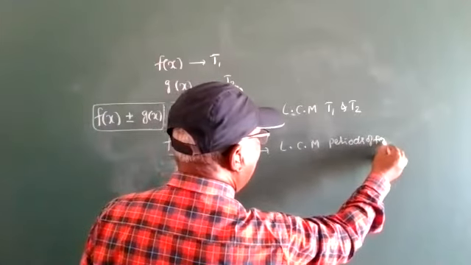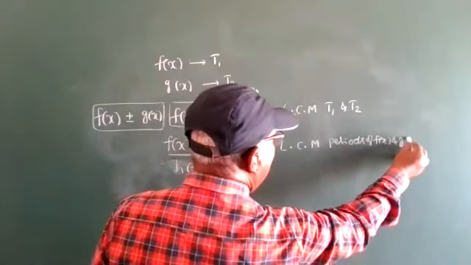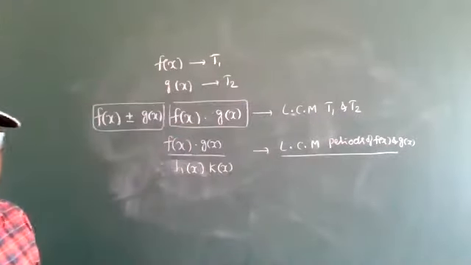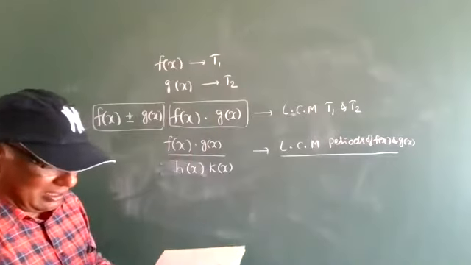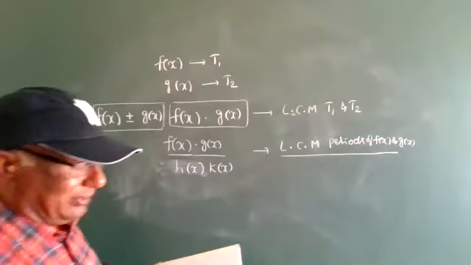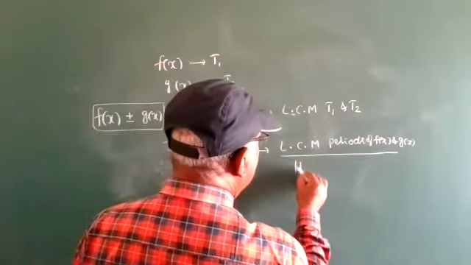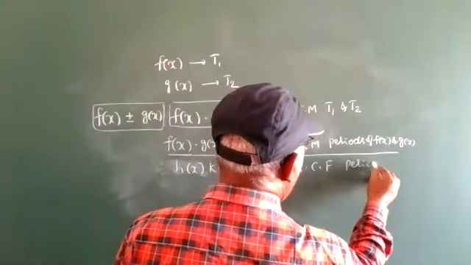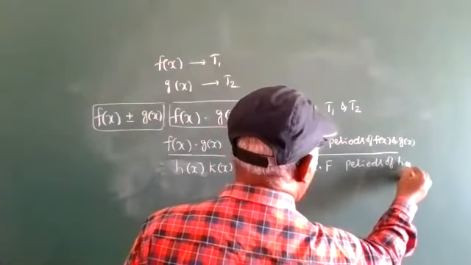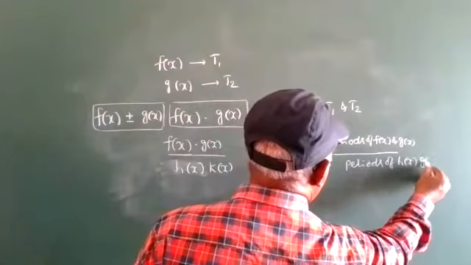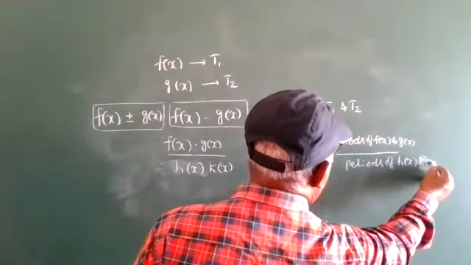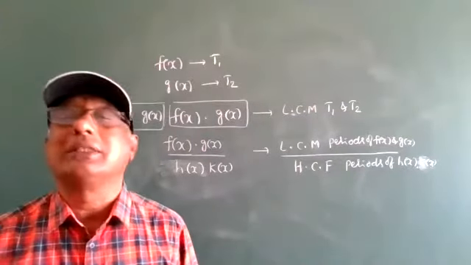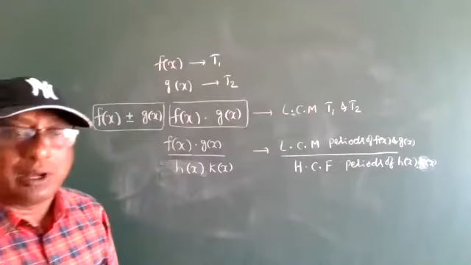The denominator is the HCF, the highest common factor, of the periods of h of x and k of x. How to take this I will explain in problems.